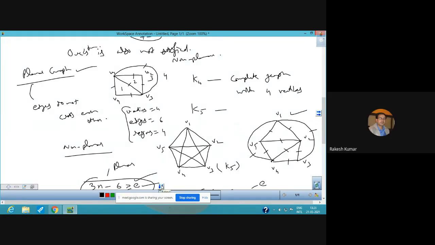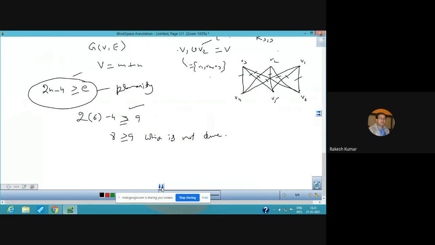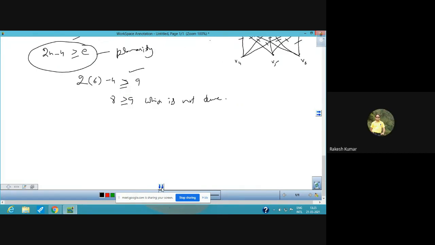Remember, a planar graph is always a complete graph, where complete means every pair of vertices is joined by an edge. Now let us come to Euler's formula. This is a very important result in graph theory.